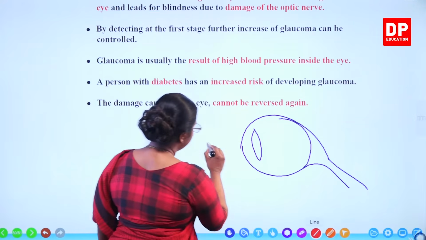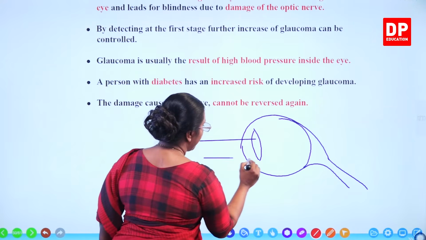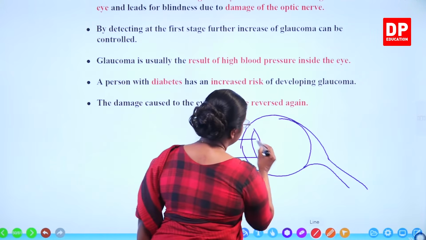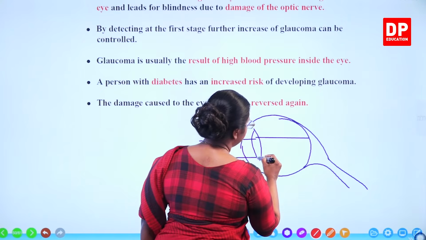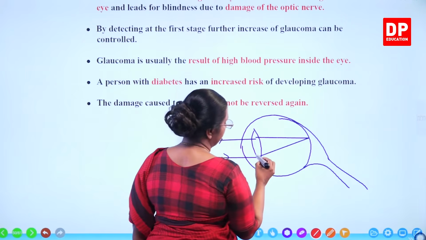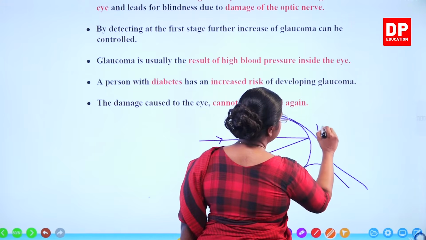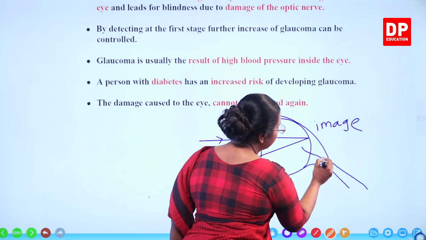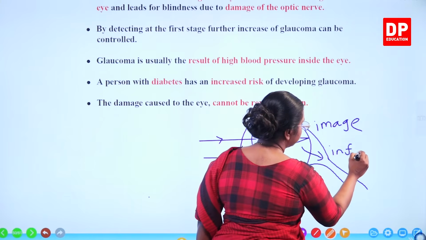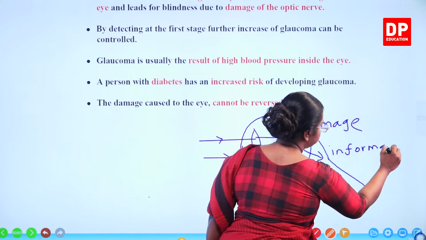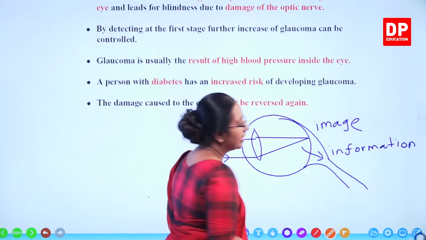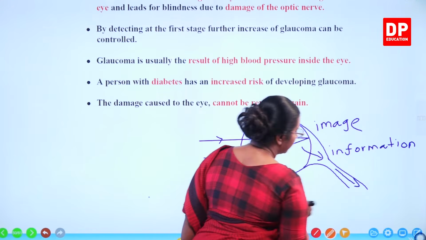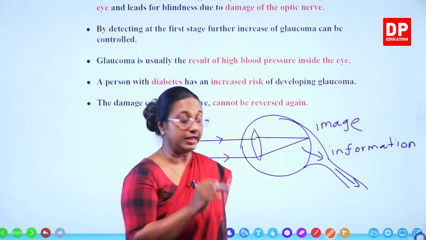So the light rays that are coming from the object, they converge onto the retina, forming the image. So there's no problem, image is formed, the retina is working and the information or what we call as the visual sense has to be taken to the brain by the optic nerve.